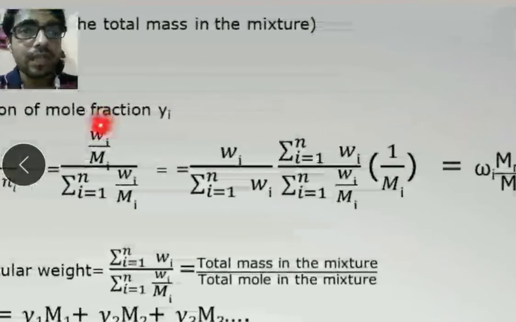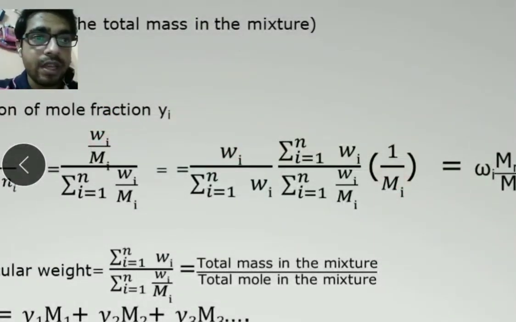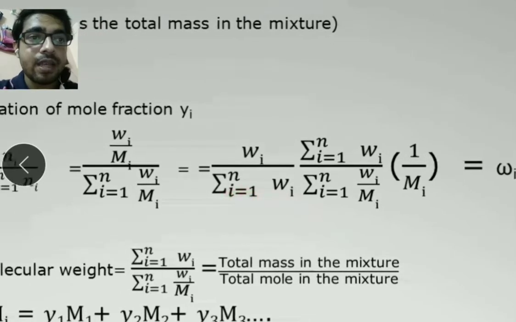We have multiplied by summation of i equals 1 to n Wi in the numerator and denominator both.